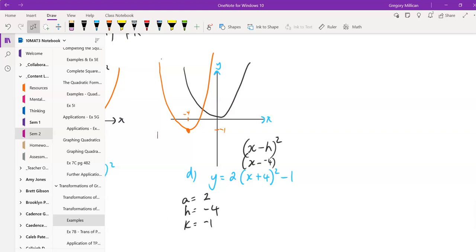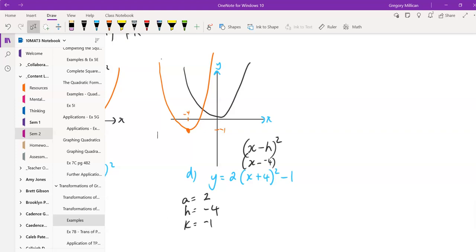Now, there's my equation. How would I find the x-intercepts? Let y equal 0. Have we done equations like this, where we've let y equal 0 and rearranged it? Yes, of course we have. So we could do that, and we could find those 2 values if we wanted to, or needed to.